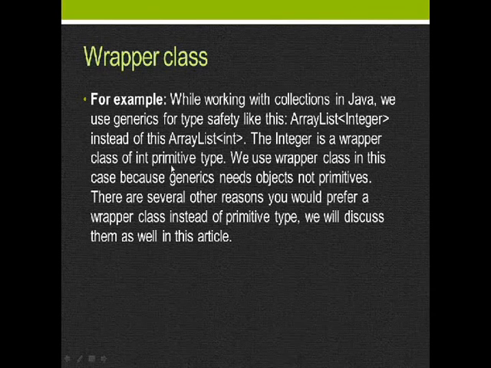Integer is the wrapper class of the int primitive type. We use a wrapper class in this case because generics need objects, not primitives. Actually, this is not allowed. There are several other reasons you would prefer a wrapper class instead of a primitive type. We will discuss them.